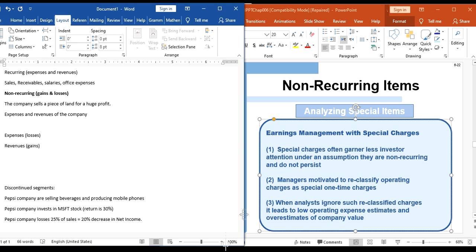Now, the accounting department of the company may deduct this decrease in sales as a loss, not an extra expense.